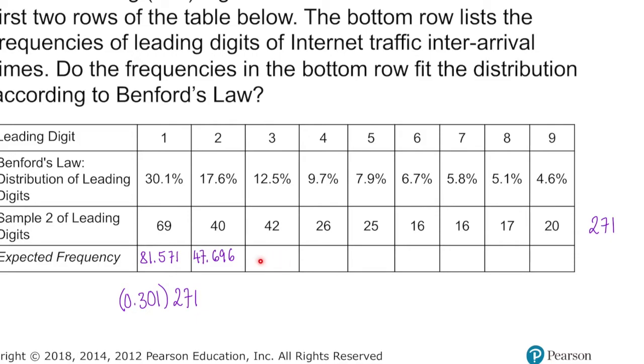The third expected frequency cell is 12.5% of 271. The fourth cell is going to be 9.7% of 271. The expected frequency on this one is going to be 7.9% of 271. For this one is 6.7% of 271 and 5.8% of 271, 5.1% of 271, 4.6% of 271.